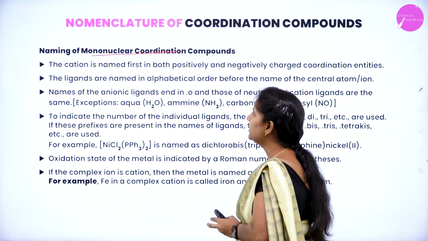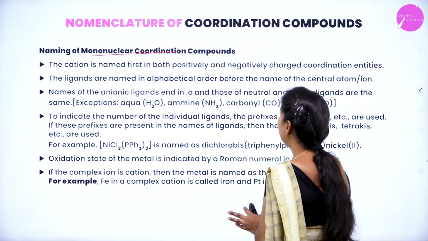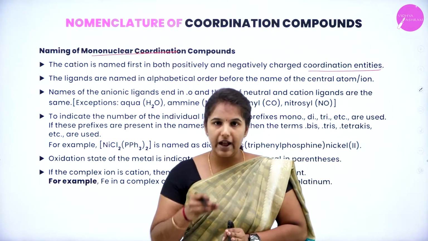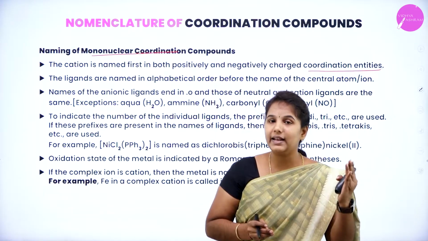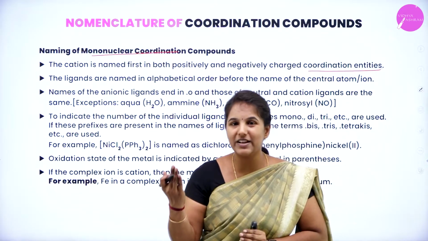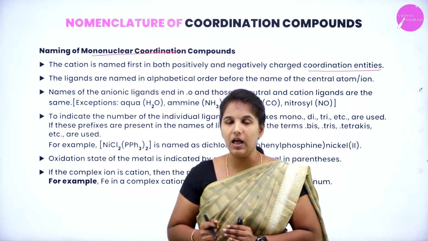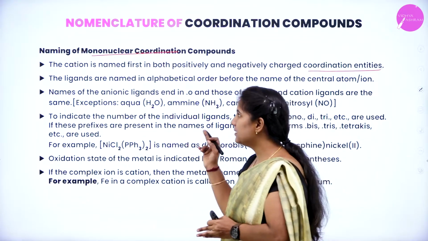The cations will be named first, whether the coordination entity is positively or negatively charged. If there is a counter ion outside the coordination sphere, it has to be named first. That is the first rule.